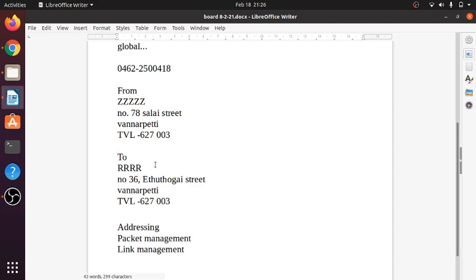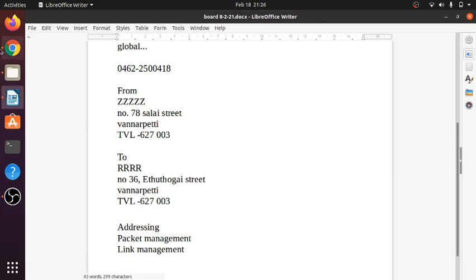This person is writing a letter to that person, and not remembering where he is available, he remembers the address alone. So he writes a letter with some information, but he just drops the letter into the post box available locally. Under that criteria, we are going to look into what is meant by local addressing and global addressing.